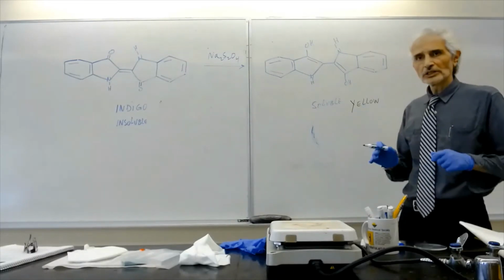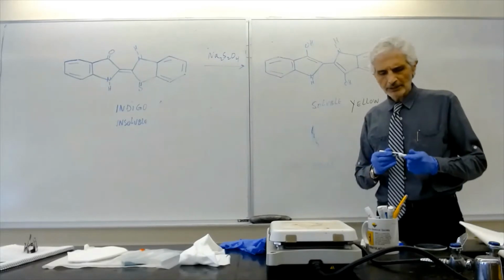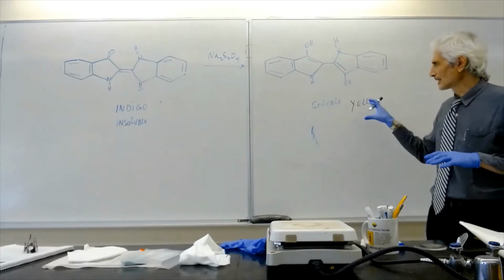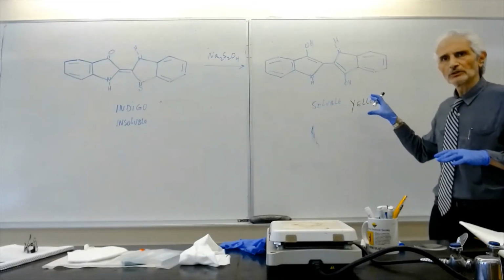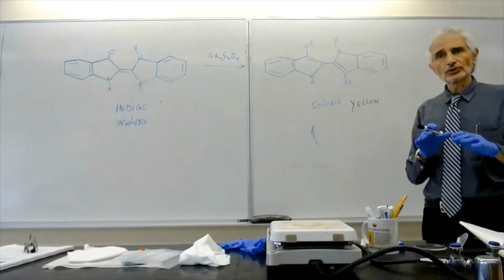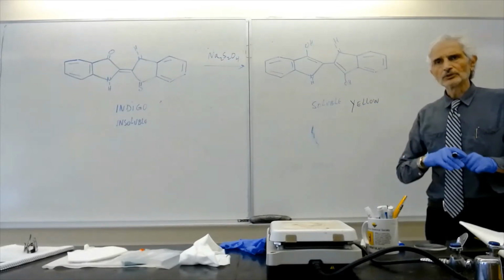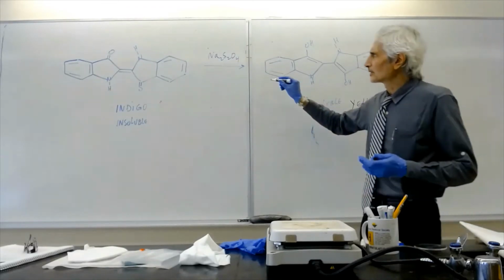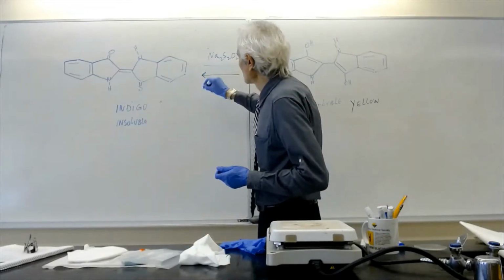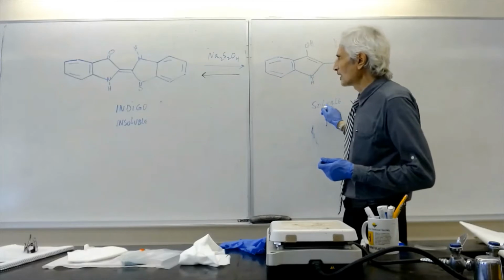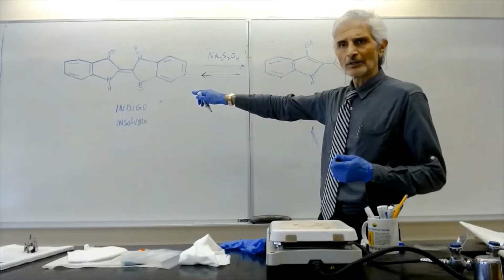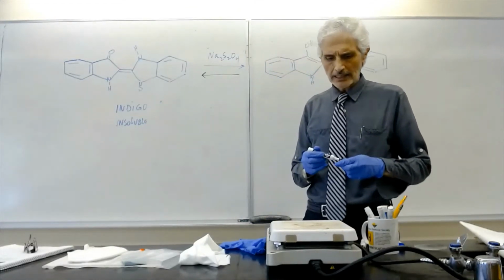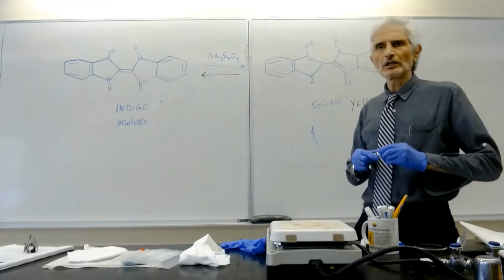So what you're really doing, and I'm going to show you in the lab, is that you will allow the fiber to come in contact with this yellow soluble dye, and then you soak it in there for a little bit, and then when you take it out and expose it to air, the soluble dye goes back to indigo upon oxidation in air, and the color of indigo will resurface, and the material will have the color of indigo.